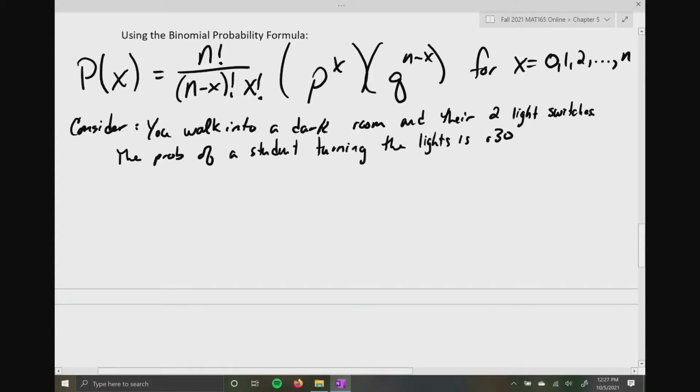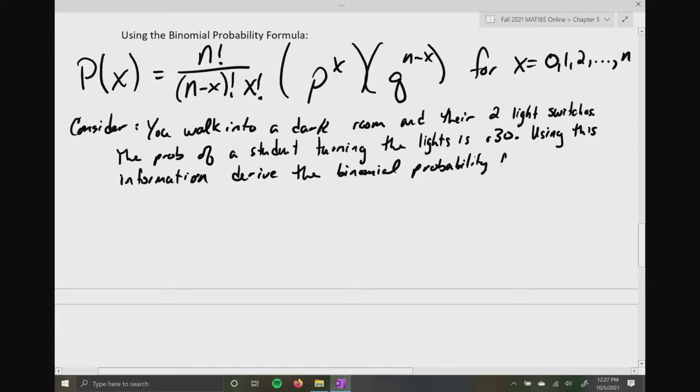All right? Using this information, derive the binomial probability formula.